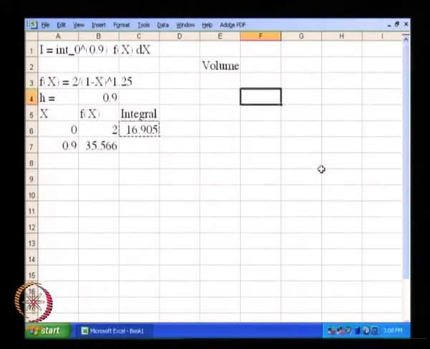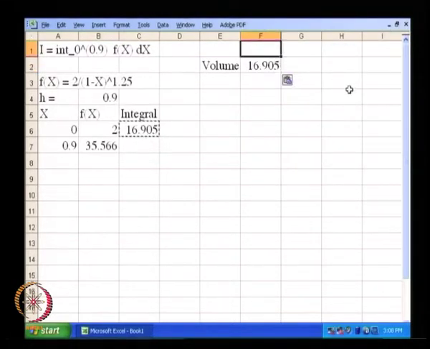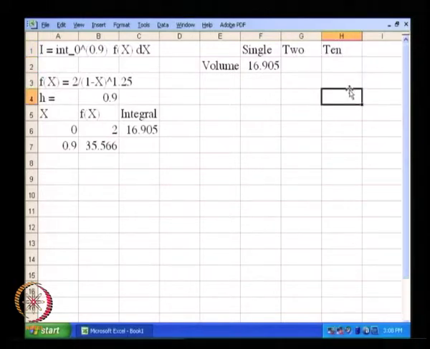I will just copy this and do paste special and just copy the value over there. Okay. This is h equal to 0.9, for single application, 2 applications and 10 applications of the rules.